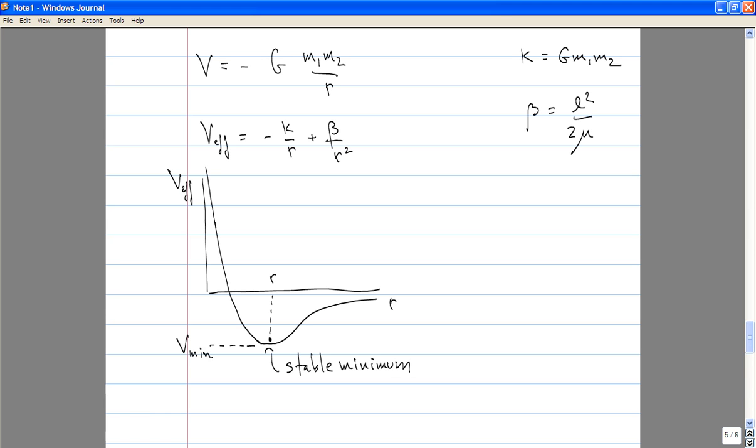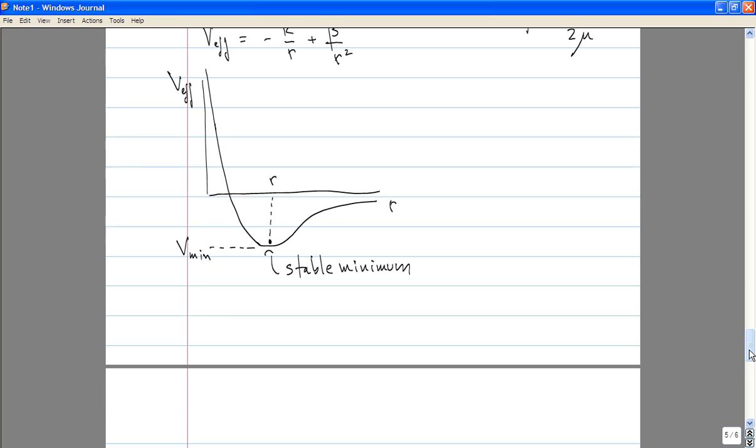There are going to be bound solutions when the energy is less than 0 but greater than V min. So those will be the solutions where r oscillates around V min in some way, which will correspond to bound orbits. For the circular orbit, where E is equal to V min, of course r will be a constant, so we would have a circular stable orbit.